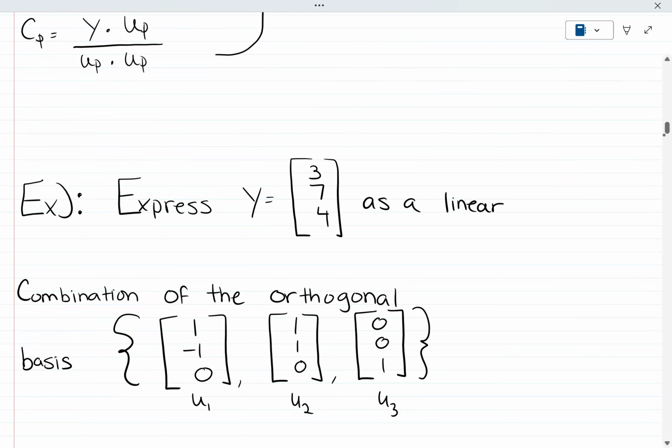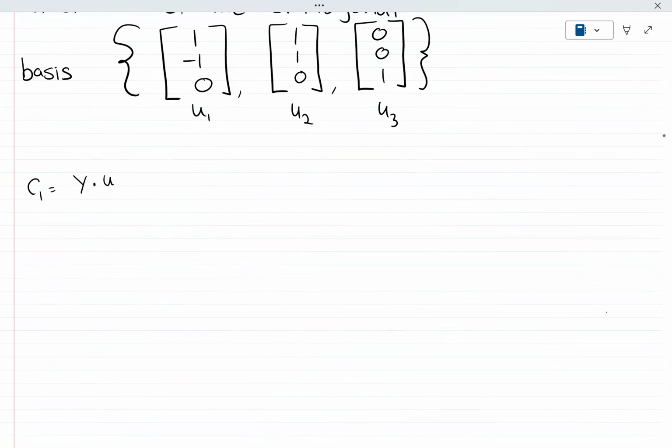If you need to pause, go ahead and pause. I already have it in my notes, so I'm going to start with c1. c1 is equal to y times u1 over u1 times u1.